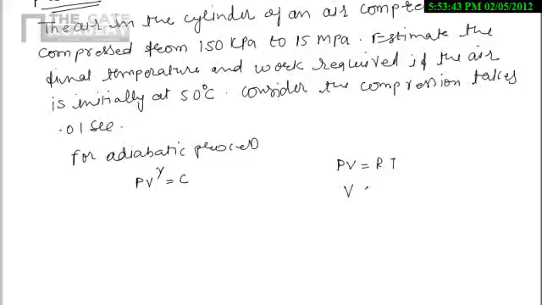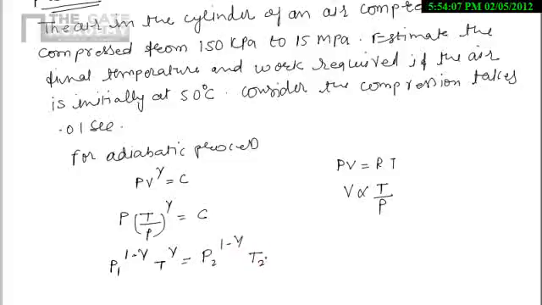From here V is directly proportional to T by P. So here we can easily plug T by P in place of V. So now I can write P1 to the power 1 minus gamma T1 to the power gamma equals P2 to the power 1 minus gamma T2 to the power gamma.